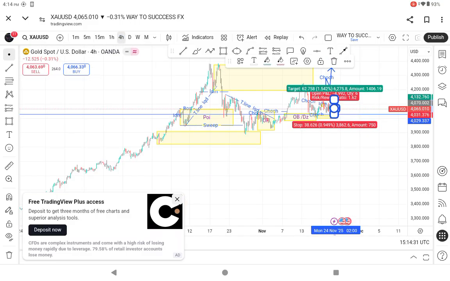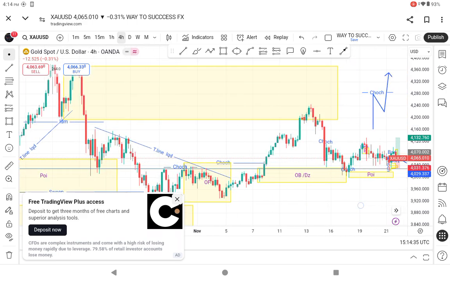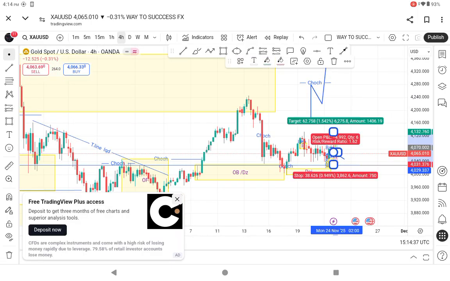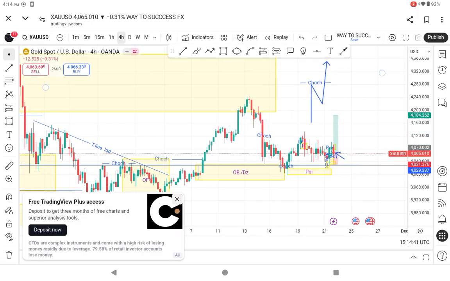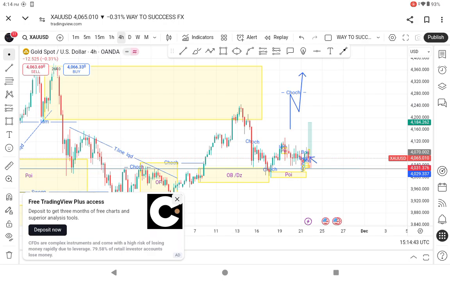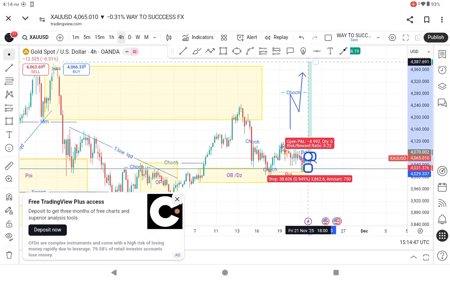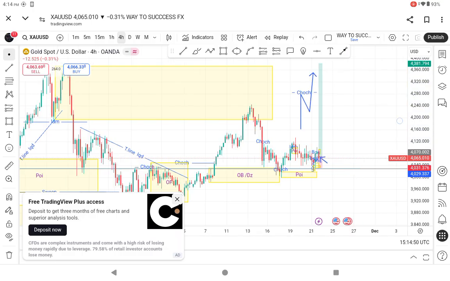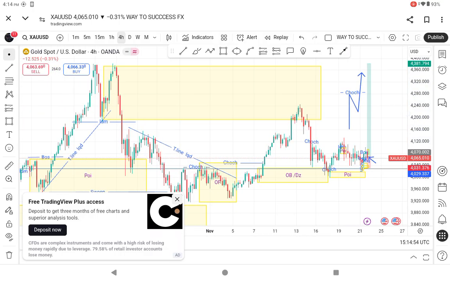And my second target is going to be on H4. It will be something like this. This level here as my third TP. And my final TP will be this high, which is our old daily high.